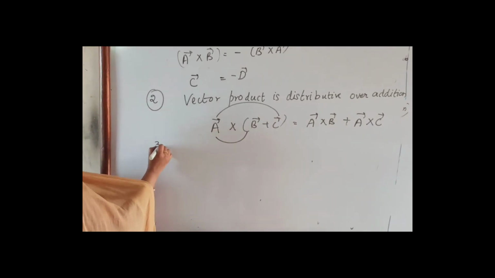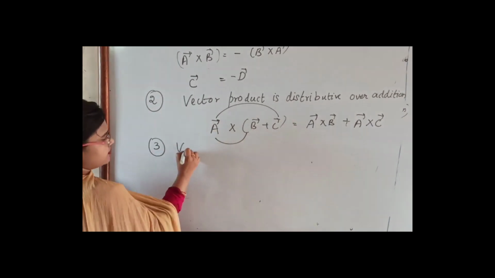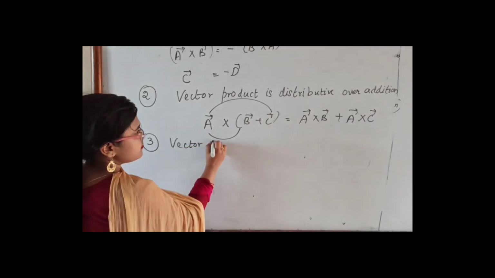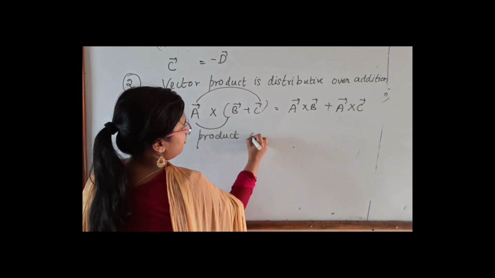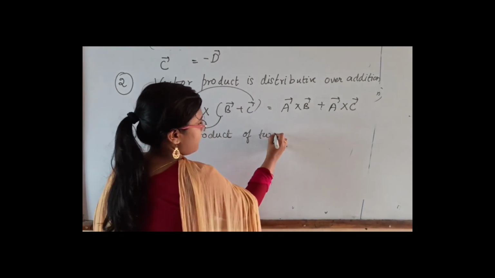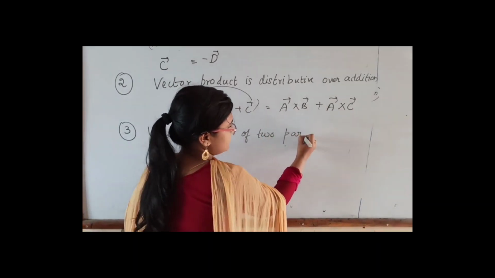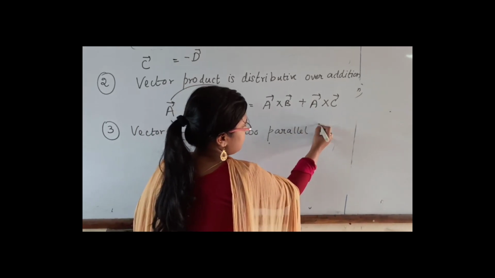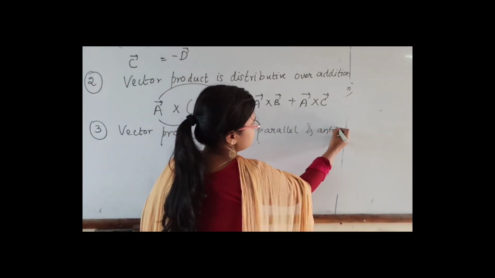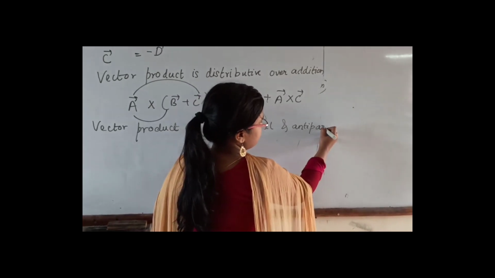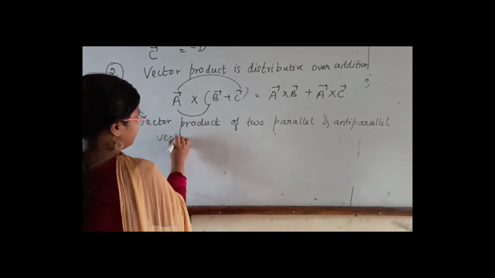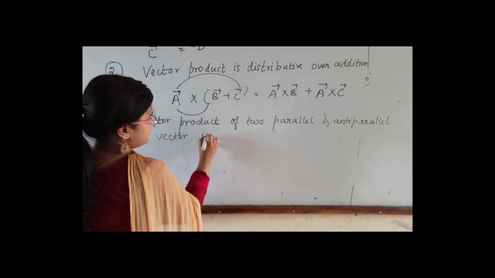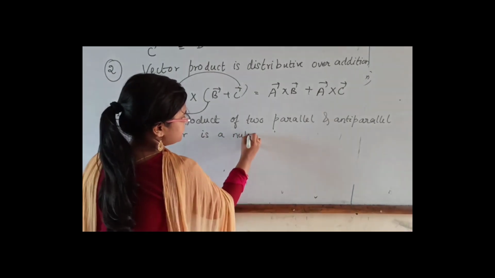Let's go into the third property, that the vector product of two parallel and anti-parallel vectors is a null vector.